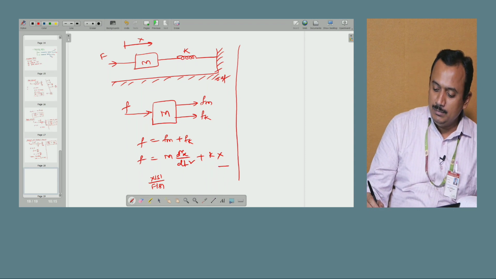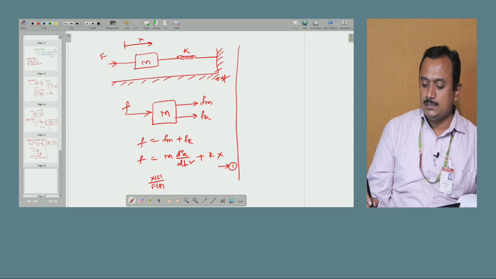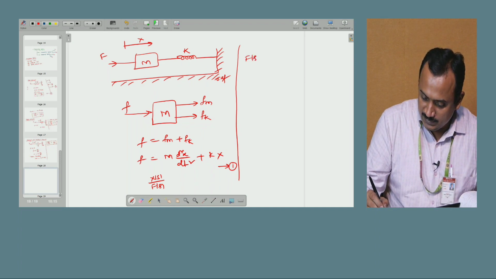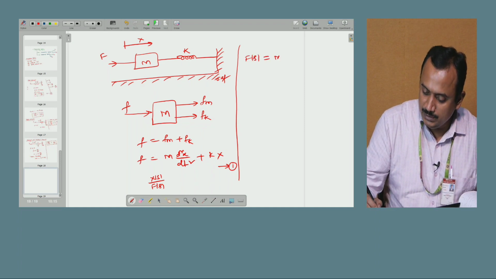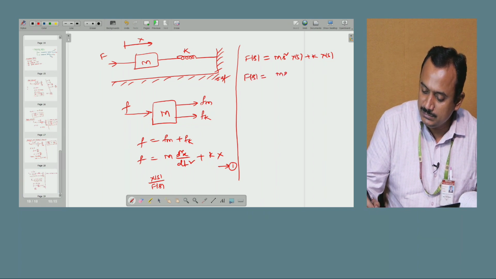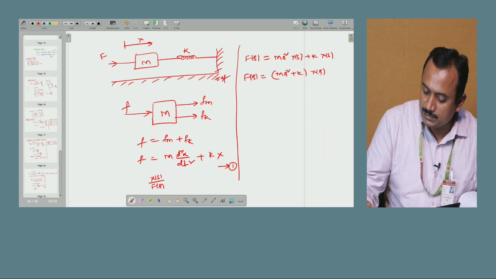For that, let me apply the Laplace transform for this equation 1. What is that? You will get F of s is equal to m into s square into x of s plus k into x of s. Now it becomes F of s is equal to m into s square plus k, into x of s.